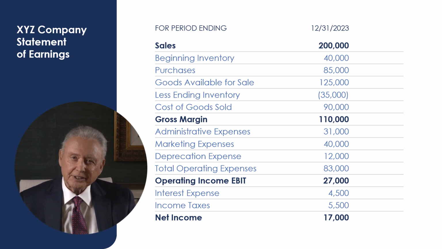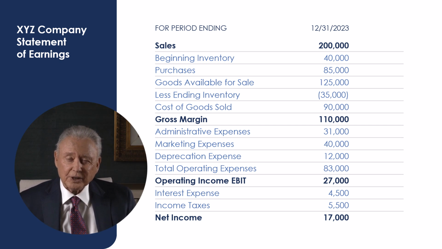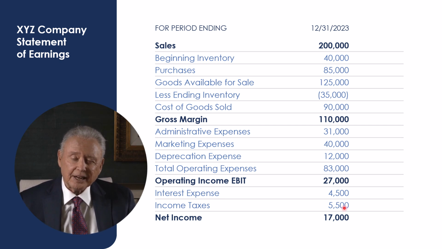Sales of $200,000 less cost of sales equals $110,000. Subtracting operating expenses of $83,000 equals operating income of $27,000. Subtracting interest of $4,500 and income taxes of $5,500, we get bottom line income of $17,000.